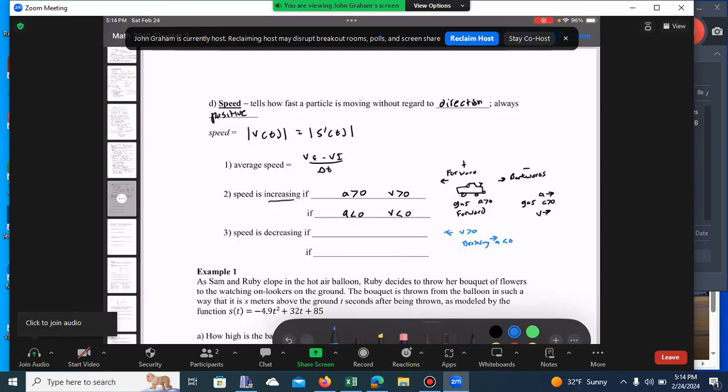Or you can be backing up, velocity is less than 0, but you're braking, so your acceleration is actually greater than 0. So whenever the signs are opposite, your speed is decreasing.